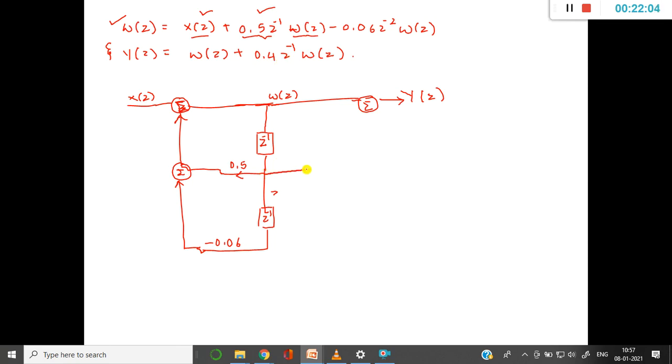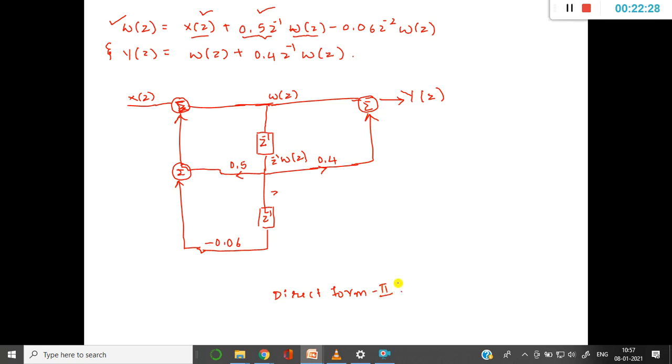Z inverse W(z) we have here, so for which I need to put a weight of 0.4. Then take it here. So that's it. So this is all about direct form 2.